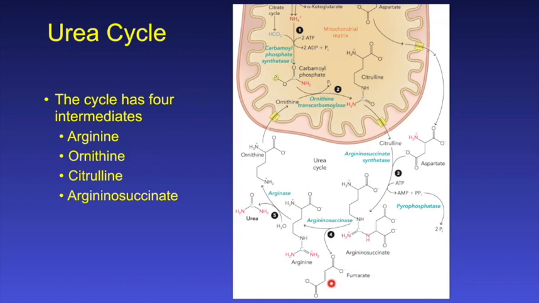Is this a citric acid cycle as it's being thrown off right here? Is this in the citric acid cycle? Why is it not in the citric acid cycle? It's in the cytosol. Citric acid cycle happens in the mitochondria. So that has to be transferred. Arginine then gets reacted to form urea, and I reform ornithine. So it is cyclic in nature.